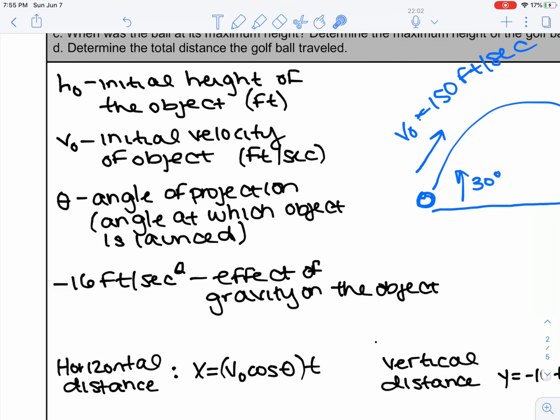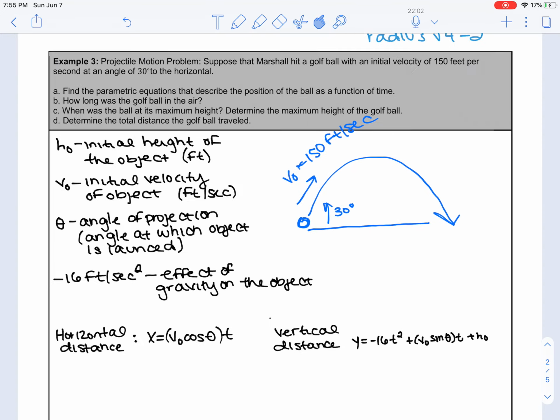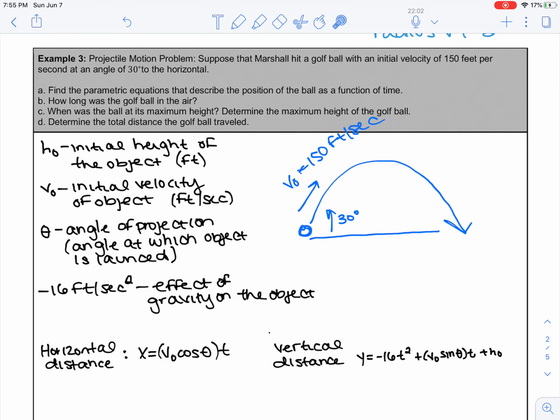So we have this notation here, h sub 0. This is the initial height of our object, in this case a golf ball, and it's measured using some unit of distance. Because we were told that Marshall hits this golf ball at an initial velocity in feet per second, we know that our measurement of height is going to be in feet.